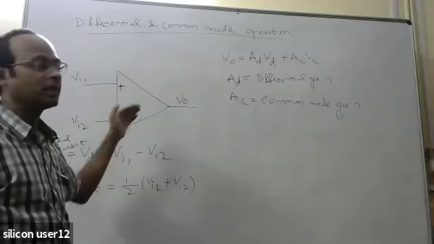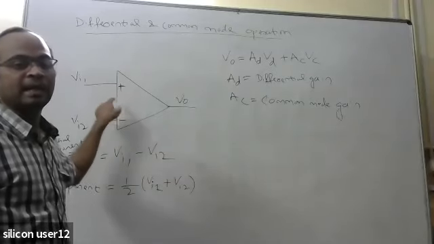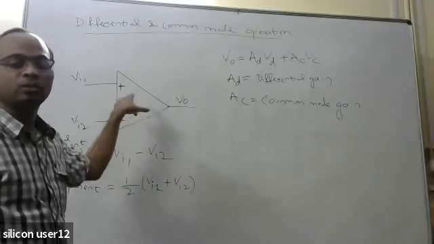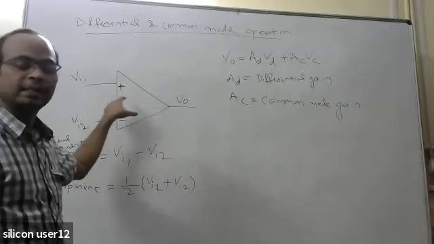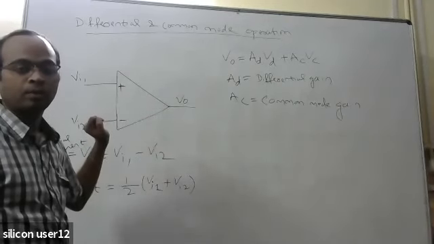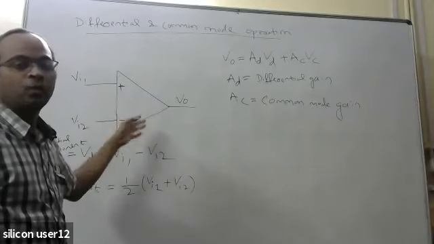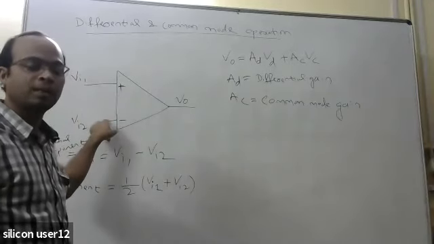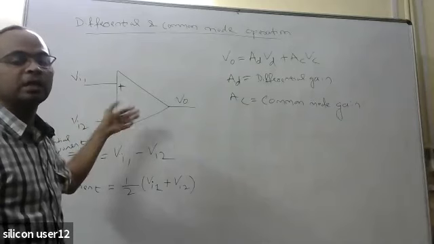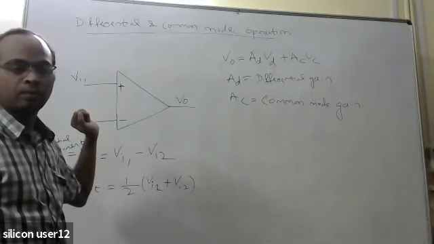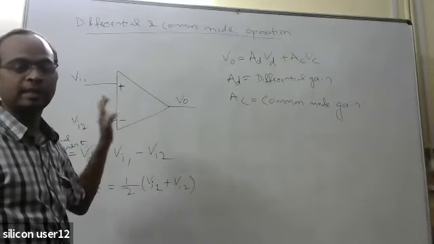So AD should be a very high value and AC a very small value. Ideally AD is infinite and AC is almost equal to 0, but practically it is not possible to design an op amp like that.